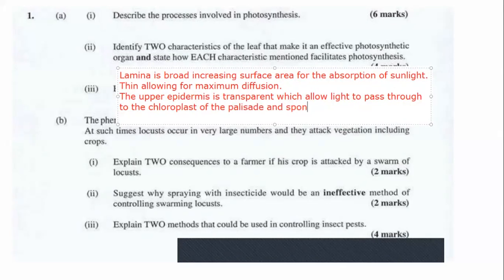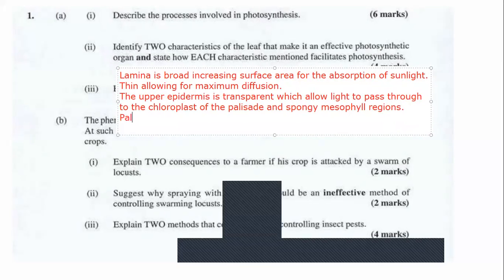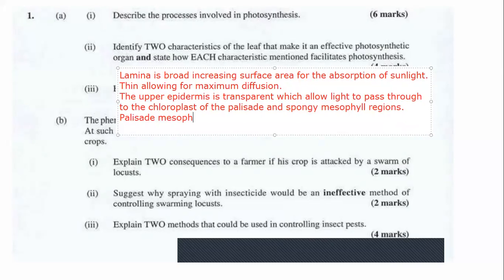Miss, the palisade mesophyll cells contain a lot of chloroplasts, which have a large amount of chlorophyll, which is a requirement for photosynthesis.